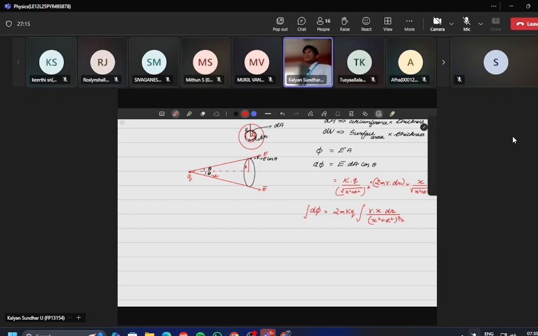Correct? Yes, sir. X change ஆகாது. X நான் வெளியே எடுத்துறணும். So R into dr divided by x square plus R square. இது வந்து power 1 ஆயிடும். 1 by 2 இருக்கும். Right? So this will be the case.